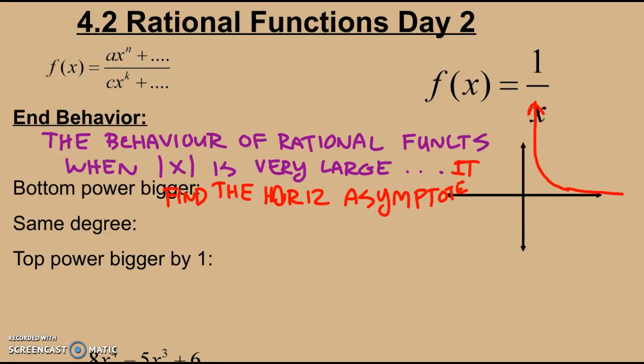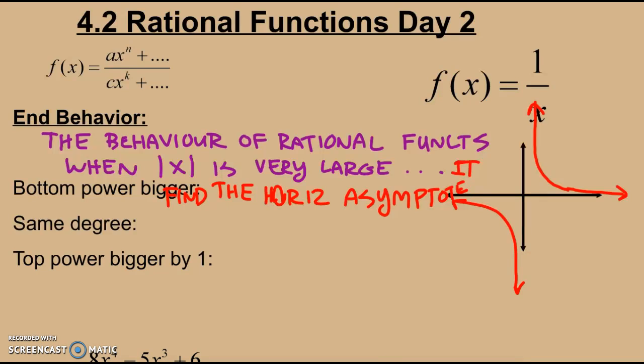This function is going to go to 0, but it's never going to get there. The other side is going to come up from this side, and it's going to go like that. And a lot of these rational functions end up looking like that. So yesterday we talked about vertical asymptotes and holes, and today we're talking about horizontal asymptotes as well.